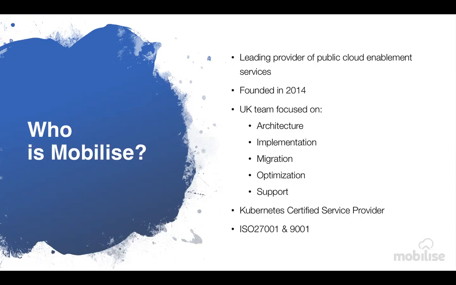Mobilise is also a Kubernetes certified service provider. We're one of only a handful in the UK, and our team is UK based and provides all of our services out of here. As an organisation, we are ISO 27001 and 9001 accredited to give our customers the assurances that our processes are robust and in line with industry expectations.